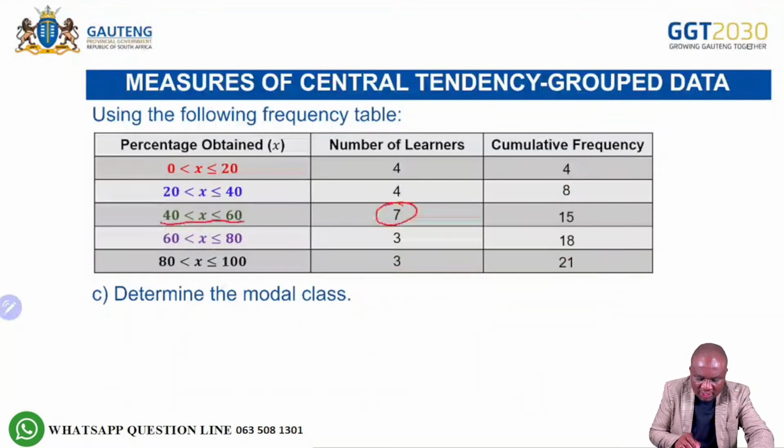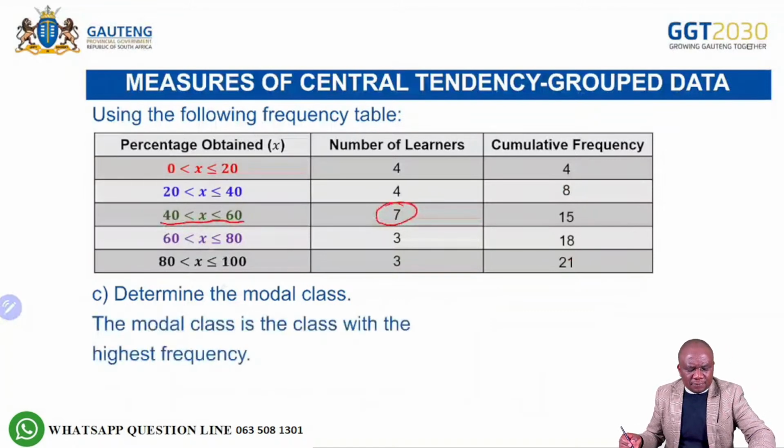This is the modal class because this is where we have the highest number of learners, the highest frequency, which is 7. So the modal class interval is 40 to 60. The modal class interval is the class with the highest frequency. In this case, it is 40 to 60.